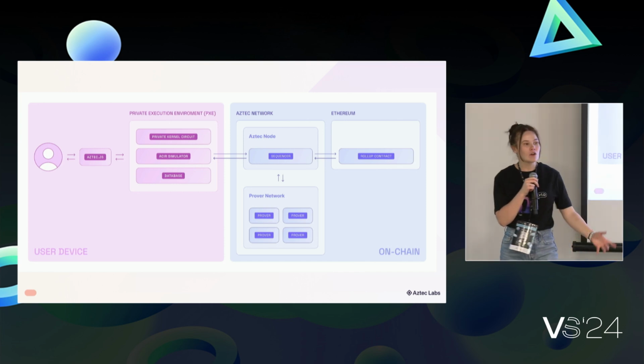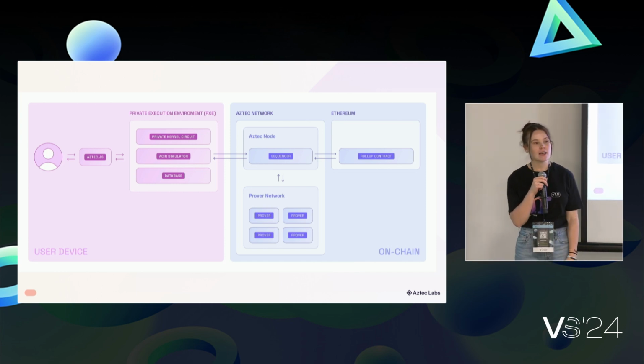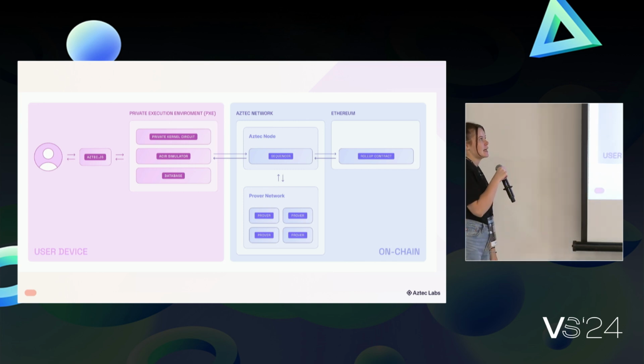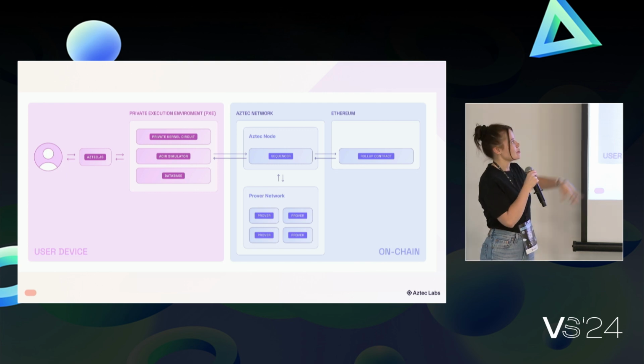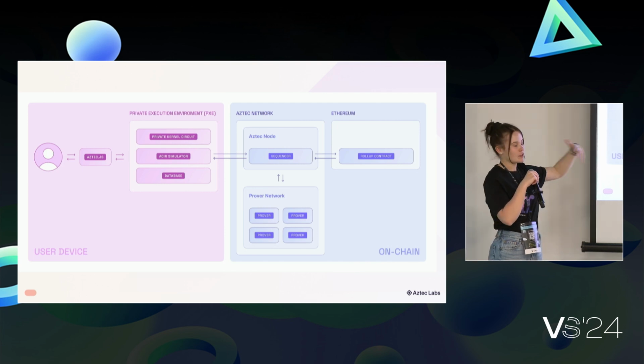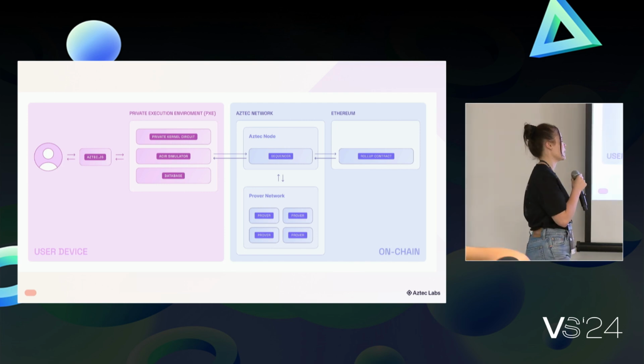That runs locally on someone's machine. It contains their database of keys, their UTXOs, their notes. We'll talk about that in a second. The ACIR simulator, which is what simulates transactions and proofs, and then also their private kernel circuit, and that's what actually generates proofs of functions that are happening privately on their PXE.